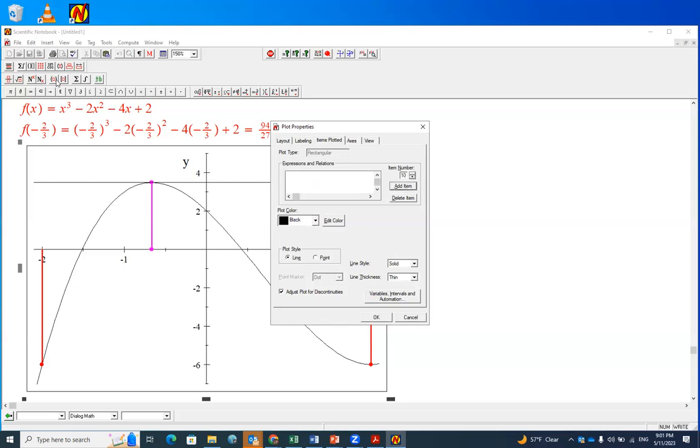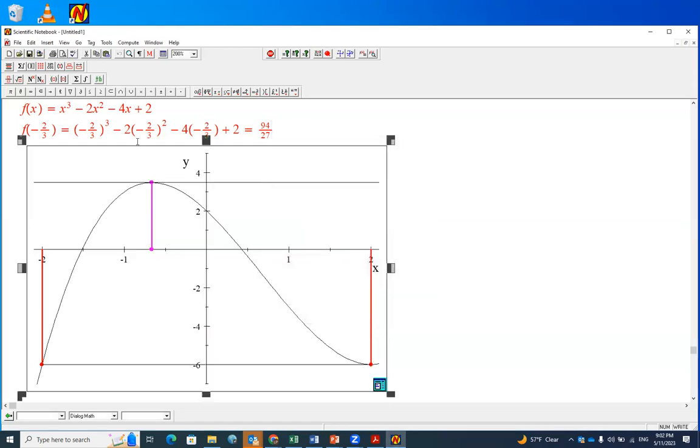Okay. So from -2, -6. So this tangent line and this secant line, they're parallel. So this line is the tangent line passing through the point at C of the function.